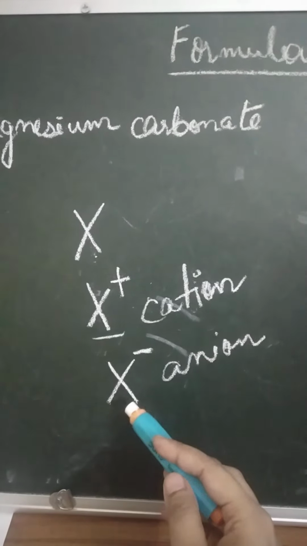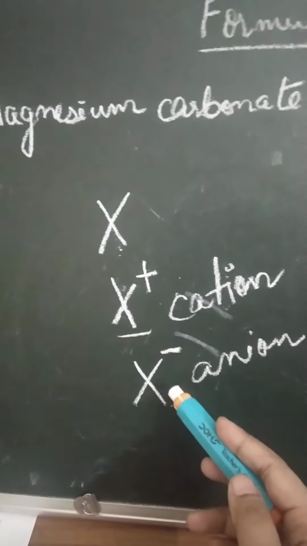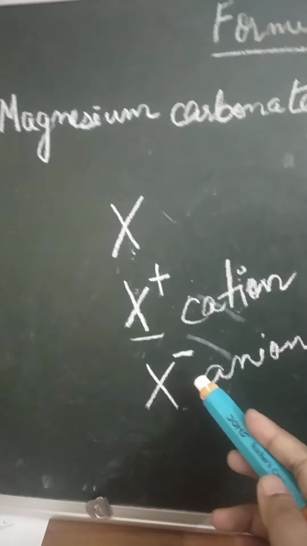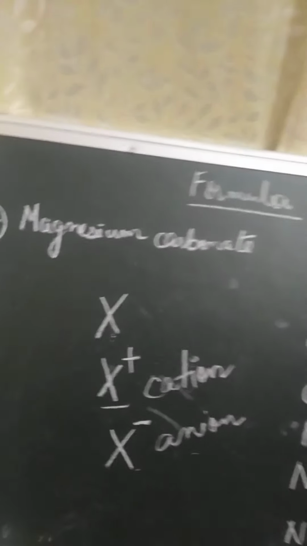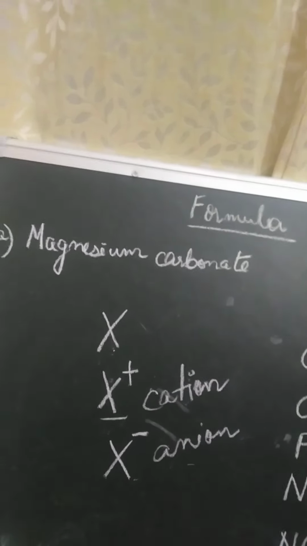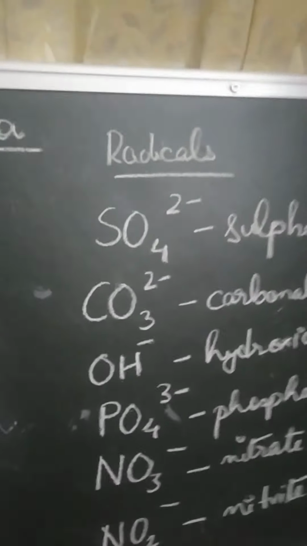Whenever the element accepts an electron, then it will be said to be a negative ion or an anion. Okay? These are the terminology you are aware of in class 9 and 10. So now we will move to the term known as radicals.